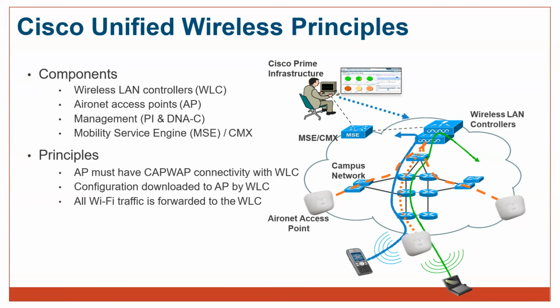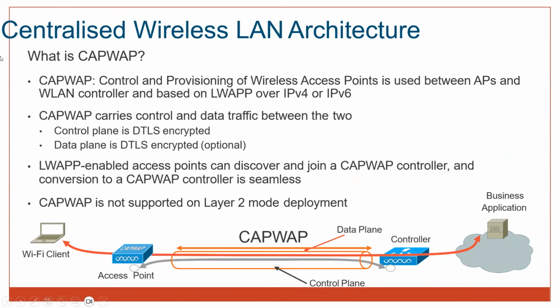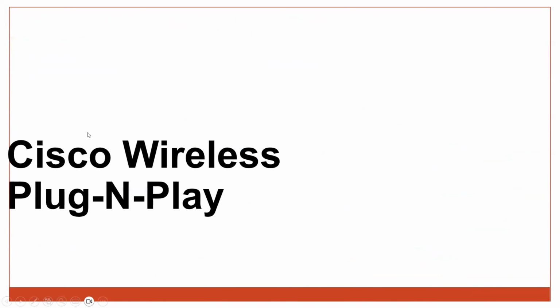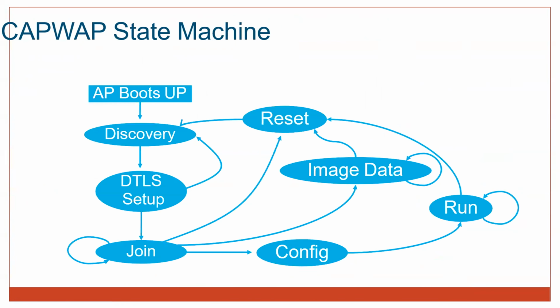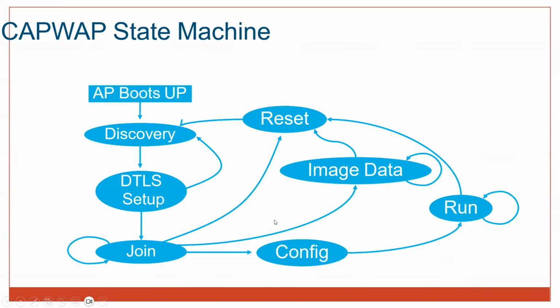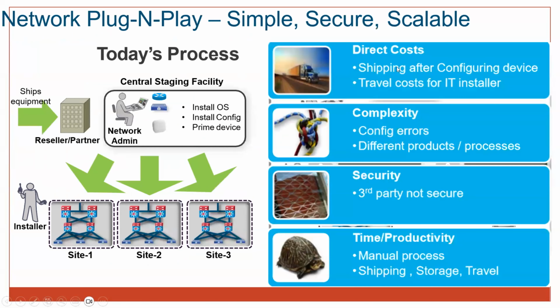In this CAPWAP tunnel, we have a CAPWAP data tunnel and a CAPWAP control tunnel. These devices use a DTLS tunnel for the controllers, but they can use the DTLS tunnel for the data plane as well. Encryption is optional, but everything is happening within the CAPWAP tunnel. We have a full-fledged ZTP or plug and play option in the CAPWAP tunnel.